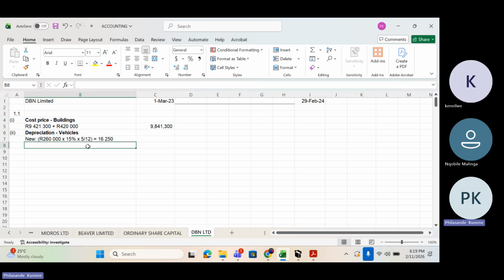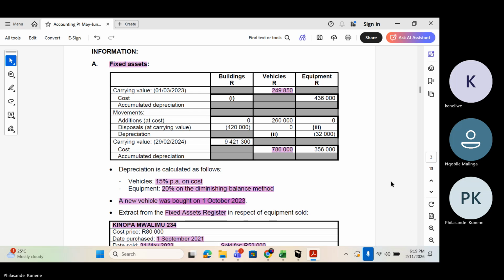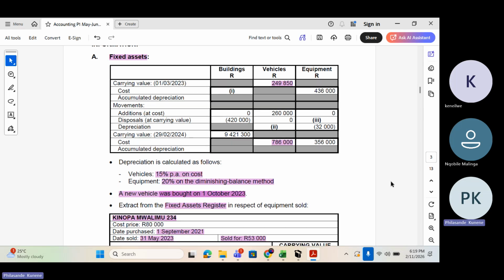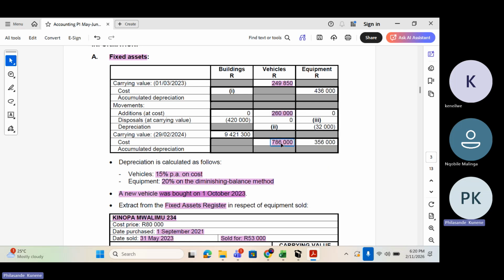Okay, and then now we need to calculate the depreciation for the old vehicle. So let's go back to our information and see what we have for the old vehicle. So what is going to be the cost price for the old vehicle now? Because we need to separate it. Since we had a cost at the end of 786,000, which includes the cost price for additions, I need to subtract these additions from 786,000 rand.